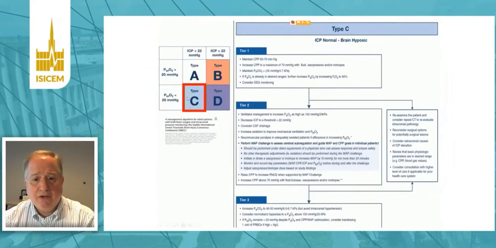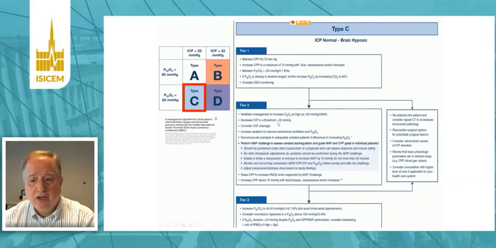Type C is where the oxygen is low, but the intracranial pressure is normal. Now things are different. Now we are allowing the CO2 to be a little bit higher. We're allowing the PaO2 to be higher. We may actually change the ventilator to raise the brain tissue oxygen.